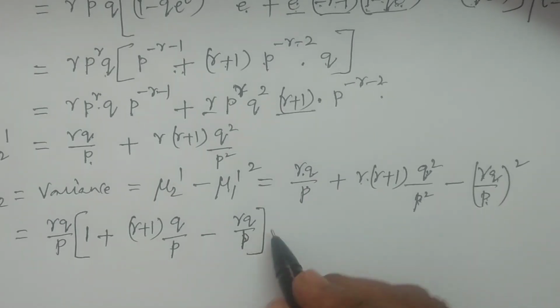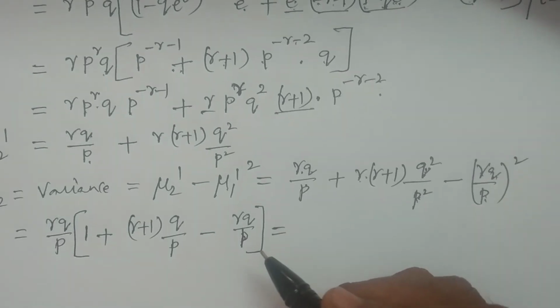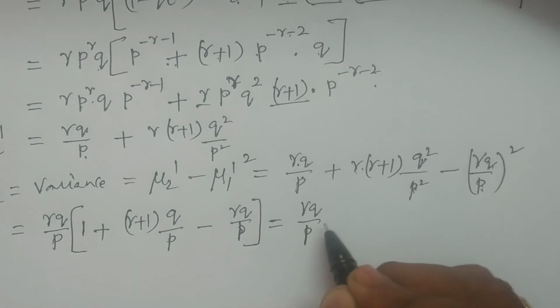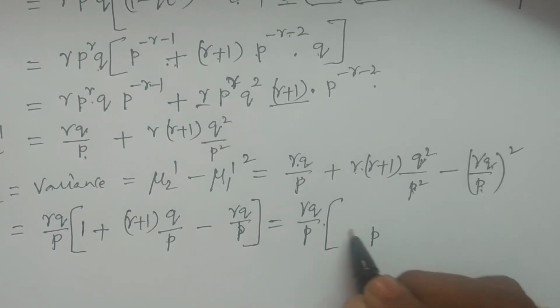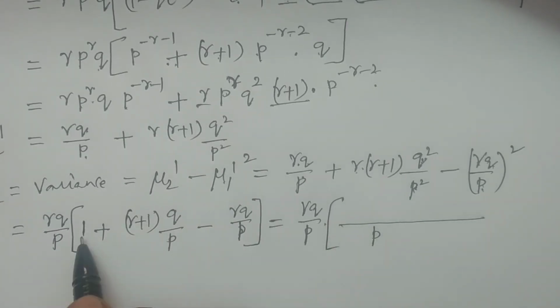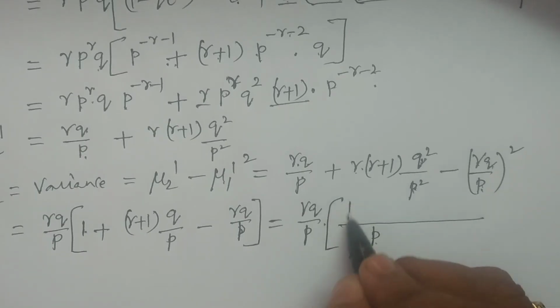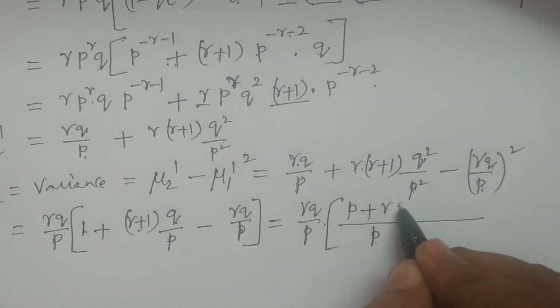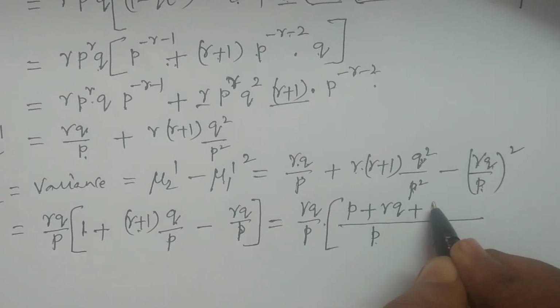So if you do further, take LCM p, that is rq by p multiplied by, taking LCM p, now it is 1 into p, that is p plus r plus 1 into q, that is rq plus q.